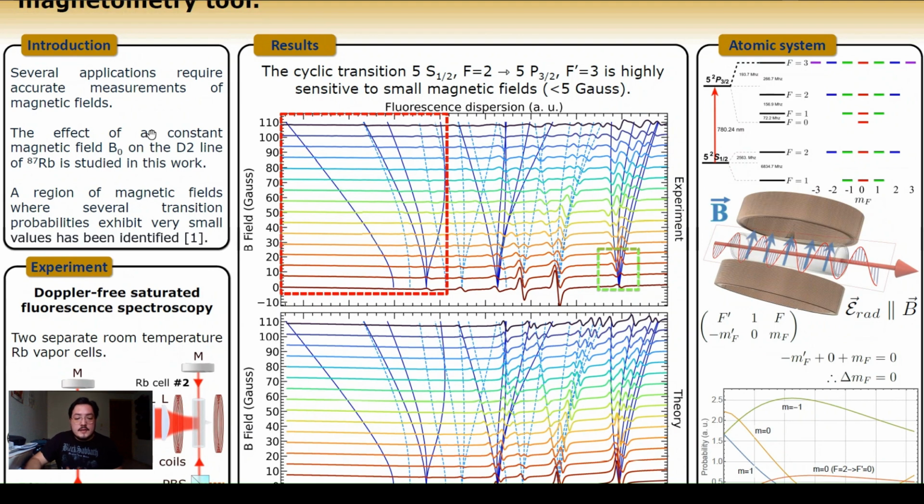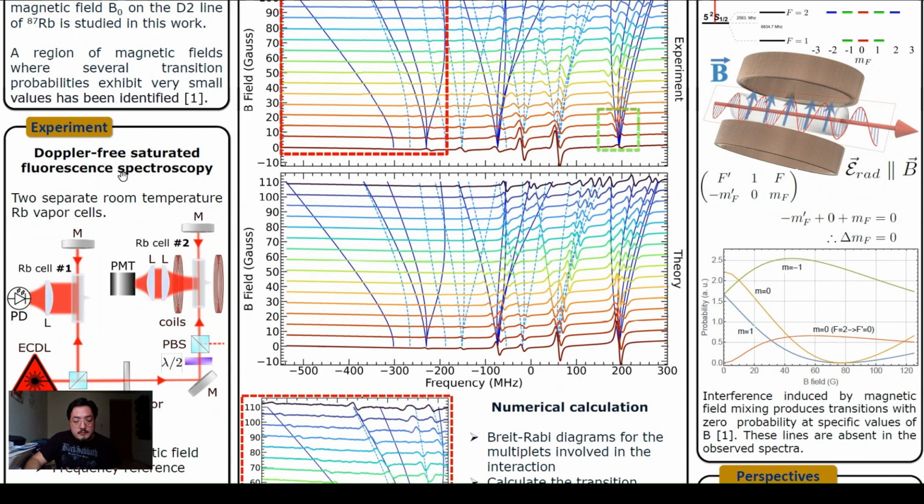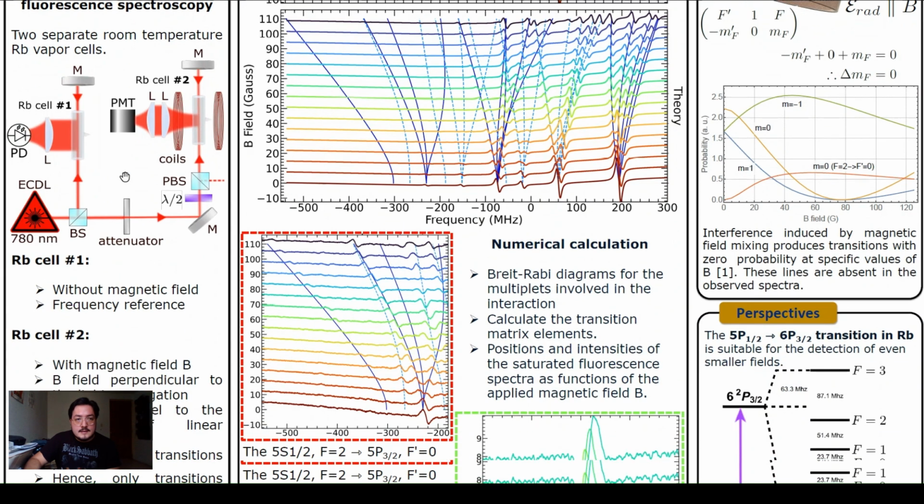For this, we arranged a saturated fluorescence spectroscopy experiment in two separate cells, one with the external magnetic field and the other one without the field, which serves as a frequency reference signal. The experimental setup is displayed here.